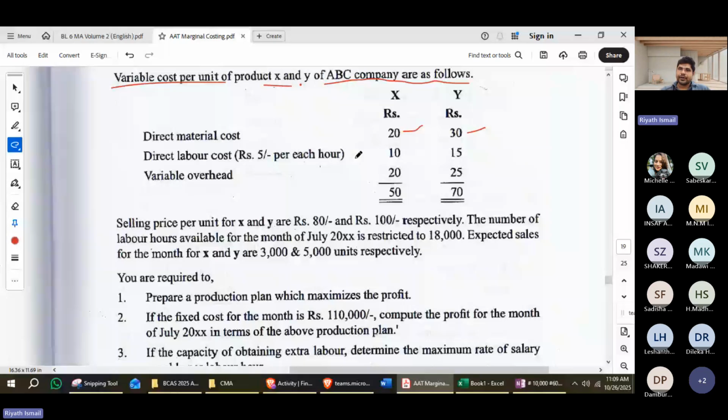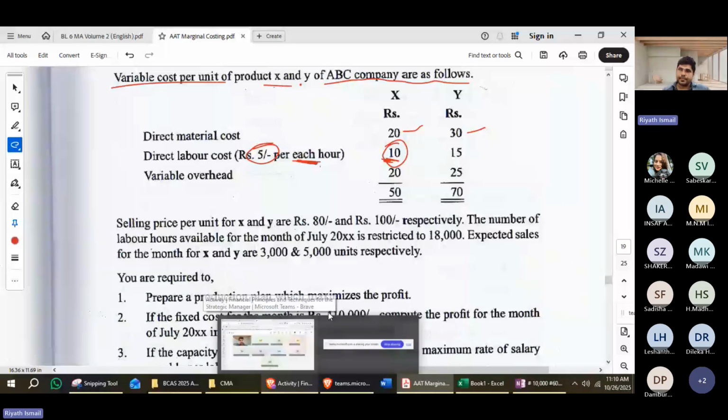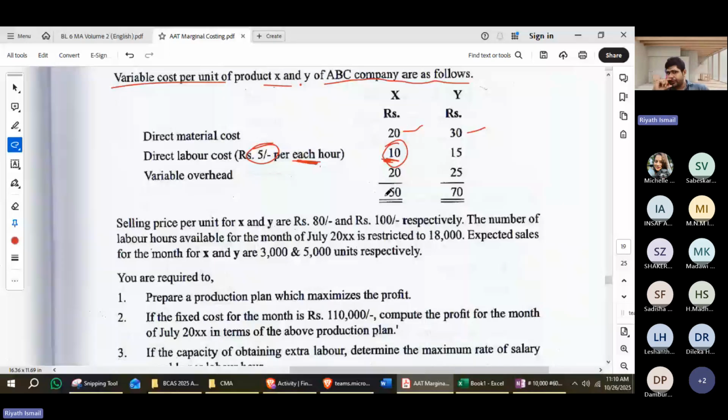Direct labor rate is 5 rupees per hour, and the total cost of direct labor is 10. So therefore, how many hours does it require to produce 1 unit of X? How many hours does it require?